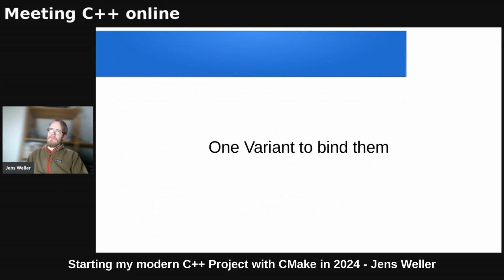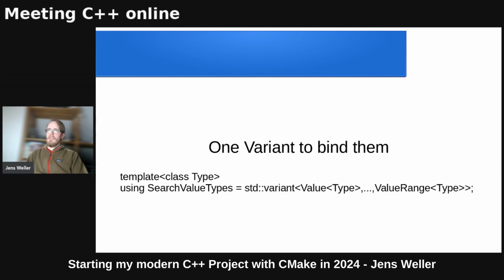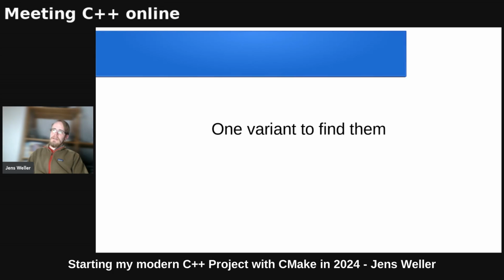Then I need to have a variant, which is basically a templated using declaration on all those condition types I have, which is the downside of having it like that. But that way, we then can construct the variant which holds a condition.